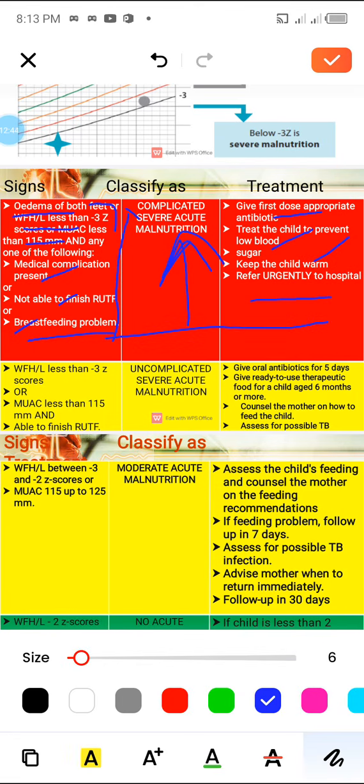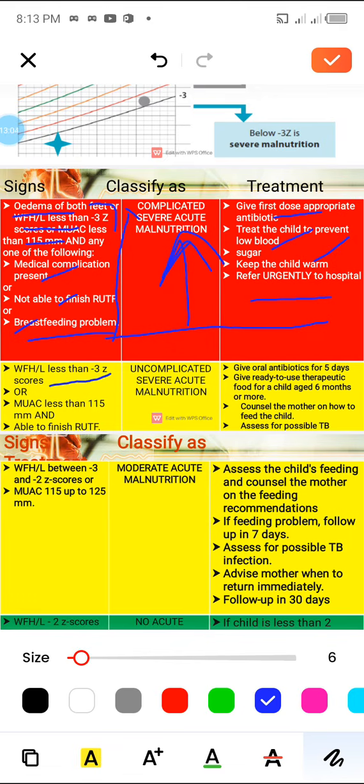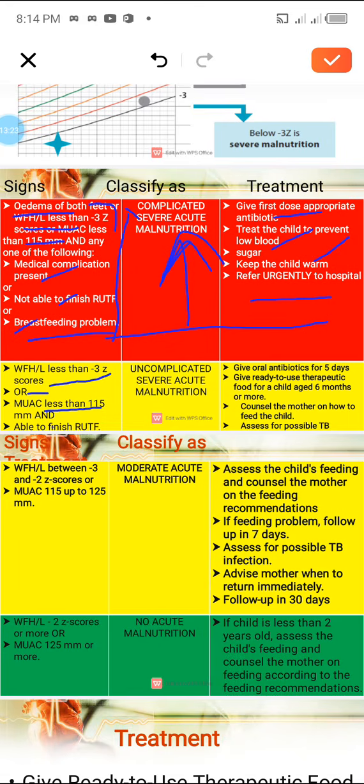So what about now when we say uncomplicated? Under uncomplicated severe acute malnutrition, meaning that what we have is weight for height less than -3 z-score, or there is, as you can see, meaning that the child is not having edema of both feet, weight for height, MUAC, they've said or this, okay, MUAC less than 115 millimeters, then able to finish RUTF.